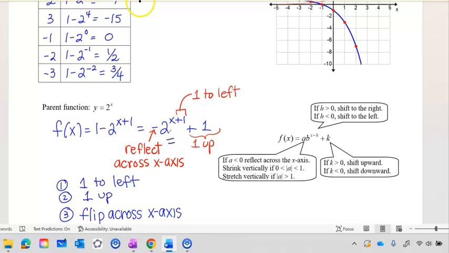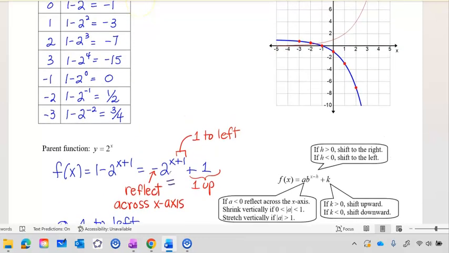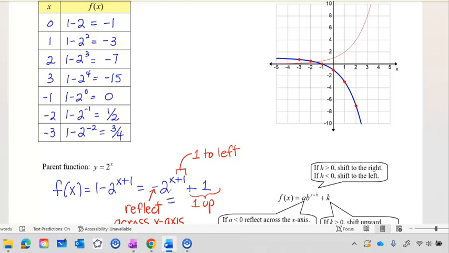Negative means that from my basic one, the red one, which is 2 to the x power, it's negative, so in other words, I reflect over the x-axis and get this blue one. And then my x has a plus 1. Plus 1 means I shift 1 unit to the left.